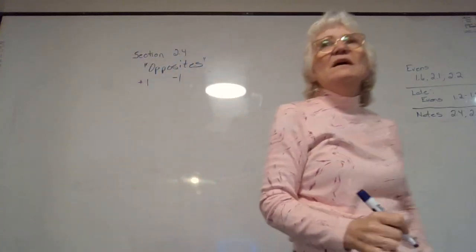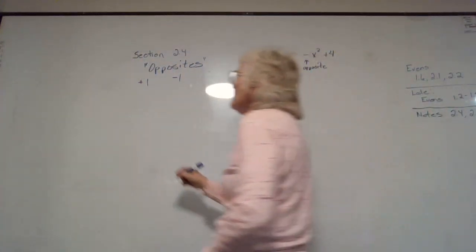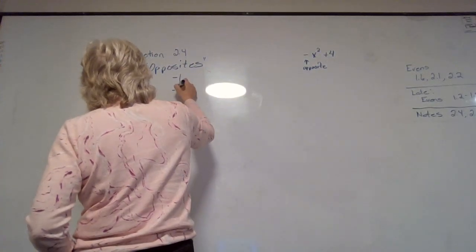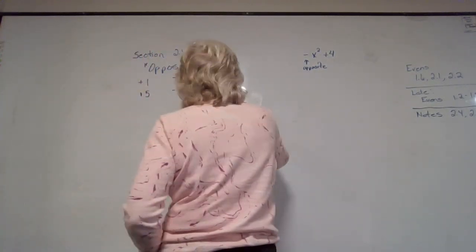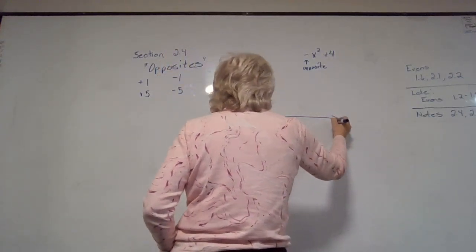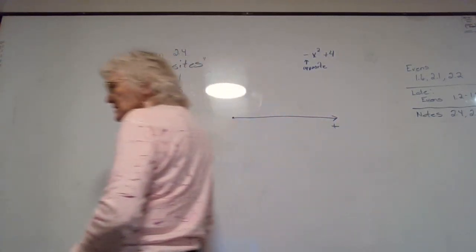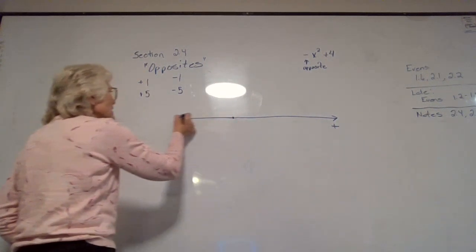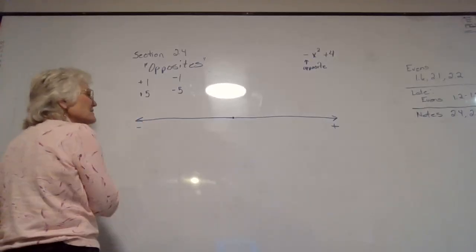The positive 5, its opposite is negative 5. And the reason why we call them opposites is our numbers on a number line go, if I'm going to the right, they're going positive. If I'm going to the left, they're going negative.